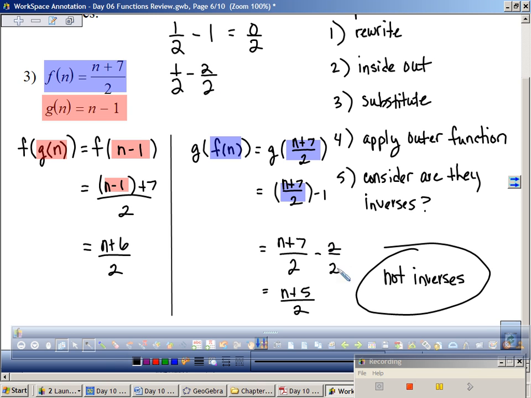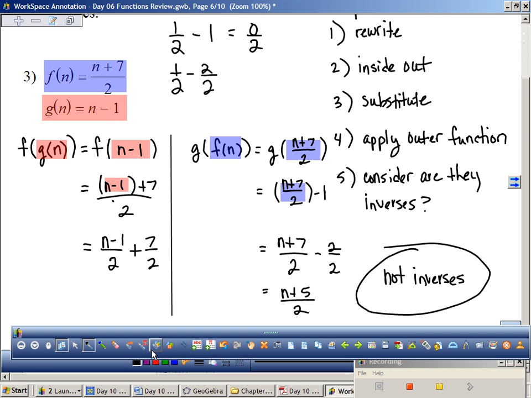I did the same thing. I had to make sure it had a common denominator before I subtract them. I didn't have to do that up here, right? Because 7's already over 2. This is the same thing as saying this. Right?